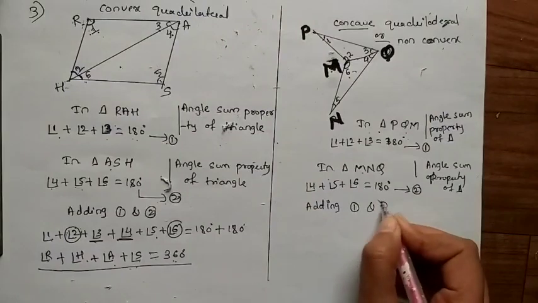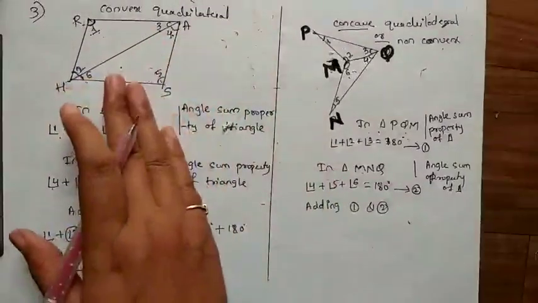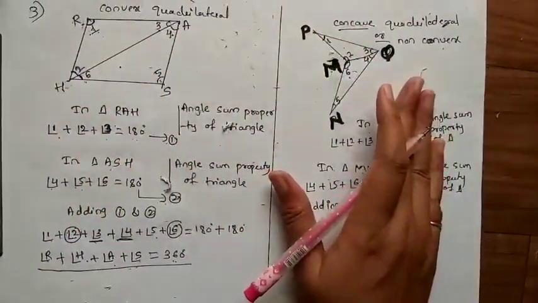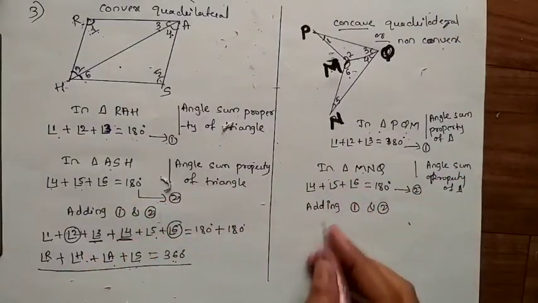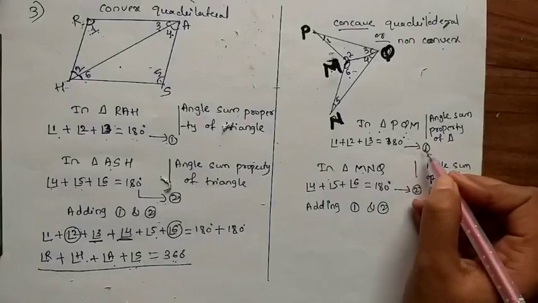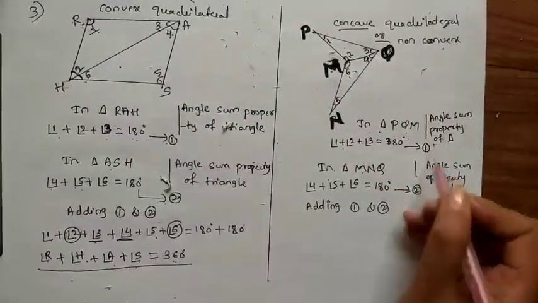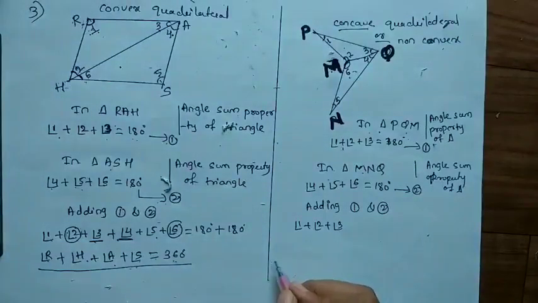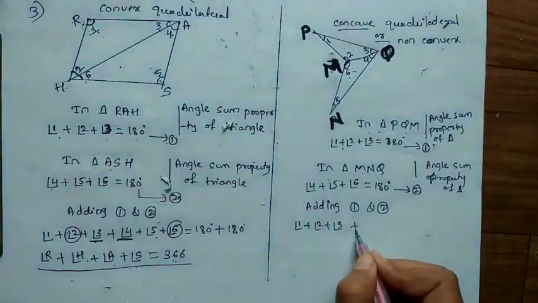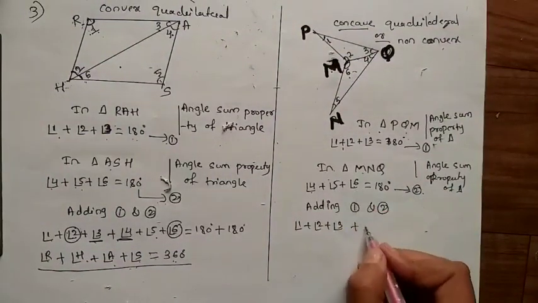Equation 1 and equation 2 both have the same procedure. The difference is that one is a convex quadrilateral and the other is a non-convex quadrilateral. We are applying the same method to both. Next, when adding the equations, we have to add the LHS part and RHS part separately. The left hand side of equation 1 is angle 1 plus angle 2 plus angle 3, and we are adding the left hand side of equation 2, angle 4 plus angle 5 plus angle 6.